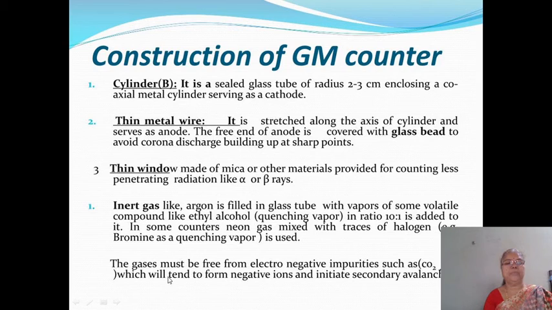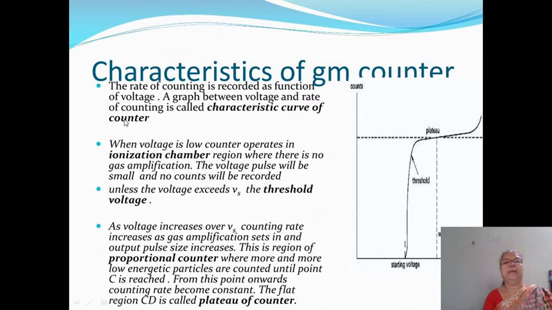The gases must be free from electronegative impurities such as CO2 and O2, which will tend to form negative ions and initiate a secondary avalanche.